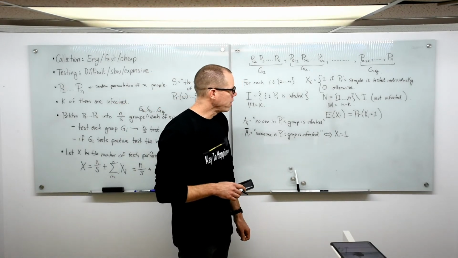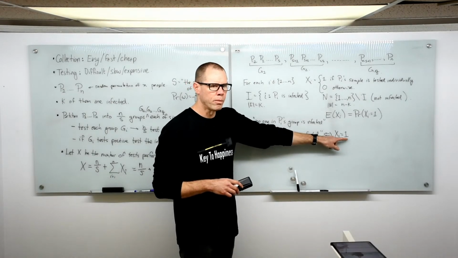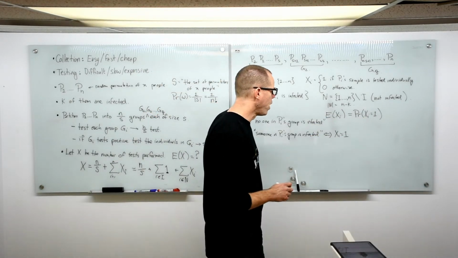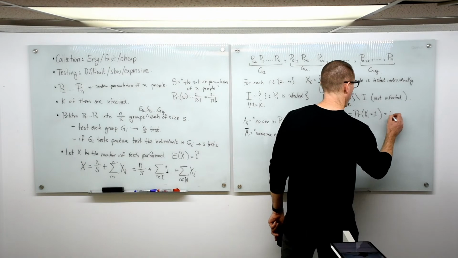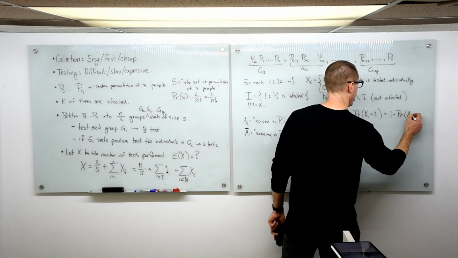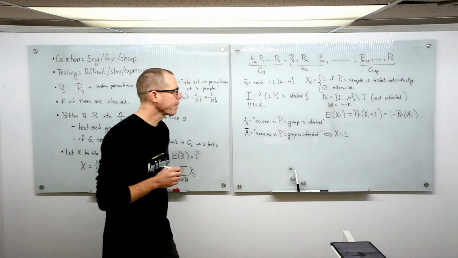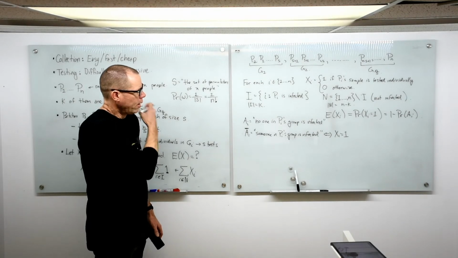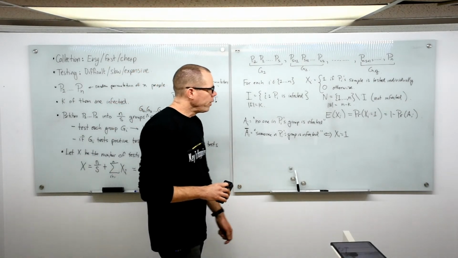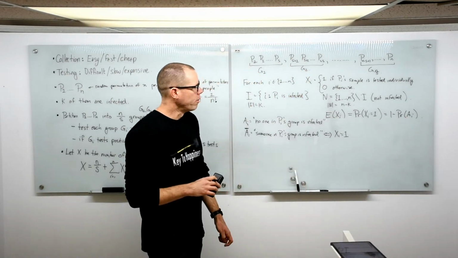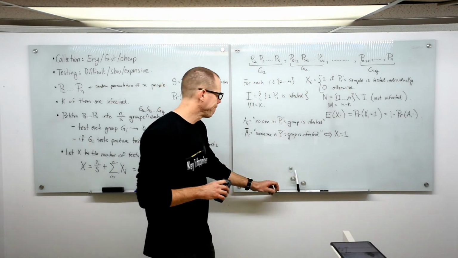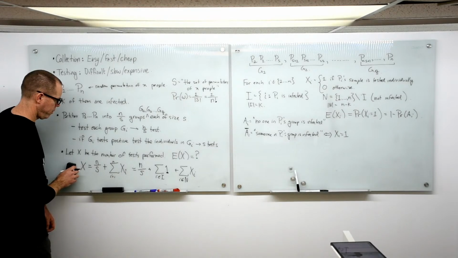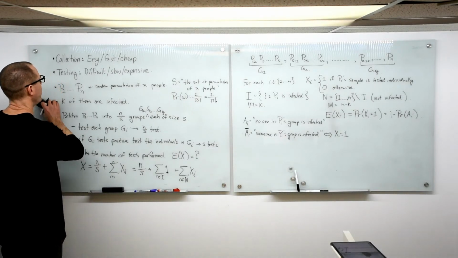Their sample needs to be tested individually, which is the same thing as saying that xi equals 1. So in particular, the probability that xi equals 1 is equal to 1 minus the probability of AI. All right, so all we need to do is figure out this probability of AI. And this is an interesting one.